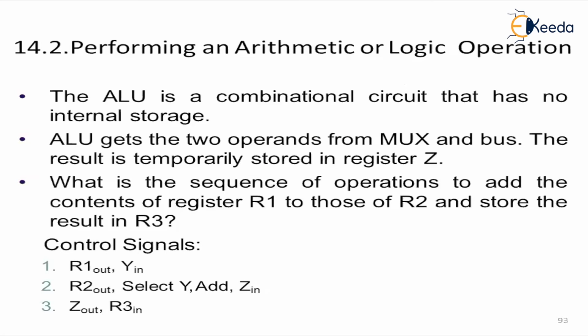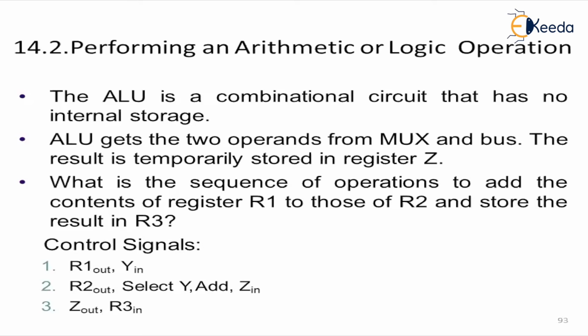Now, when you are performing an arithmetic or logical operation, the ALU is a combinational circuit and has no internal storage. The ALU takes the operands from the mux, that is, the multiplexer, and the bus. The result is temporarily stored in the register Z, which we have seen in the previous diagram.